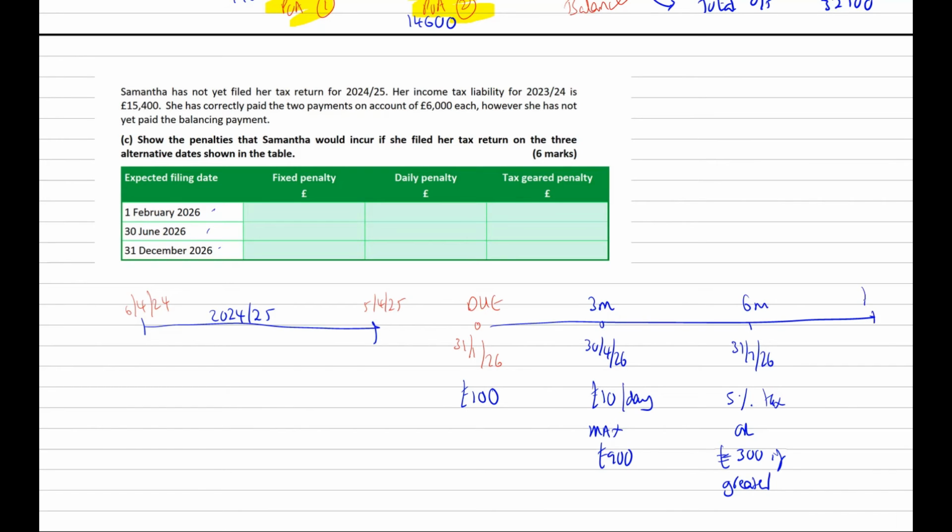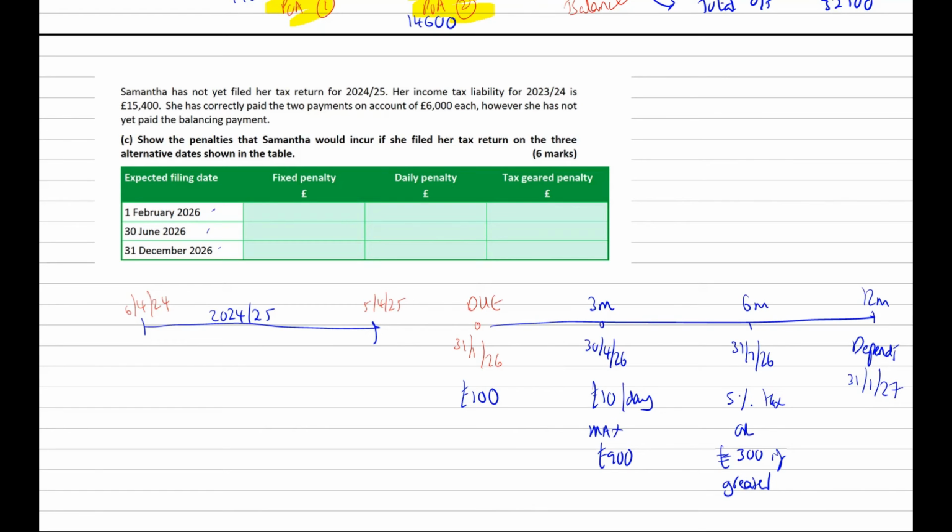And then we've got the 12-month one, and I'm just going to say it depends. And I'll refer back to the reference material, and 12 months would be if it wasn't filed by January of 2027. Okay, so I get all of that on the timeline. And all I've done is use the reference material to put some dates on a timeline, literally copying.